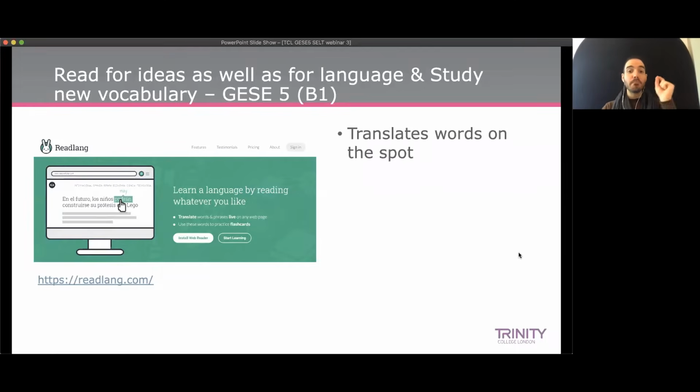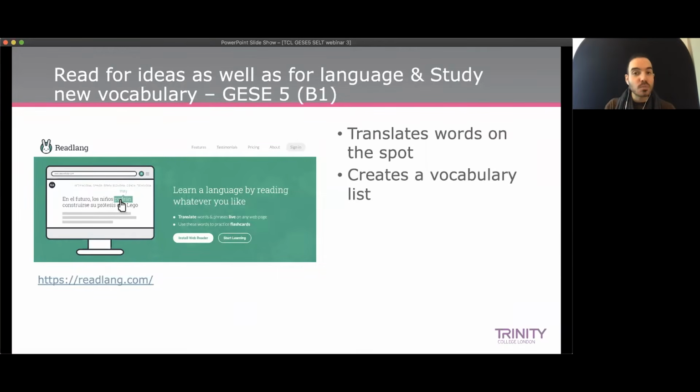But what is more important here is that it creates a vocabulary list for you. It creates a list with all the words you asked the website to translate. So it knows which words you think are difficult.